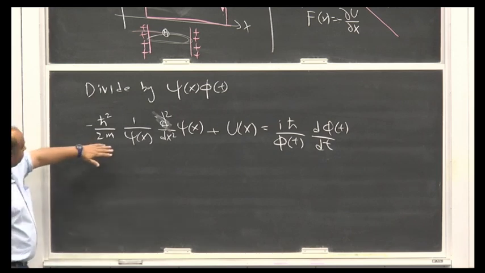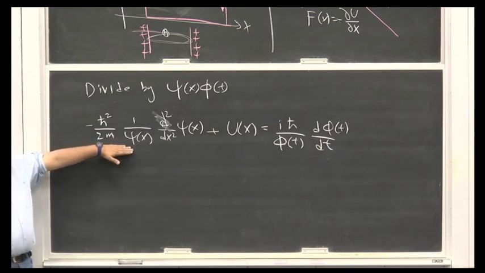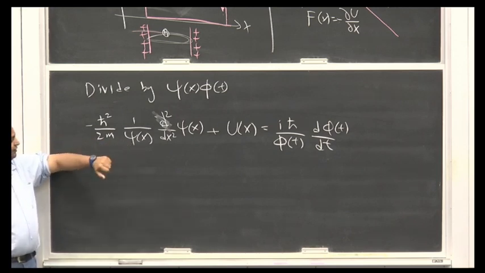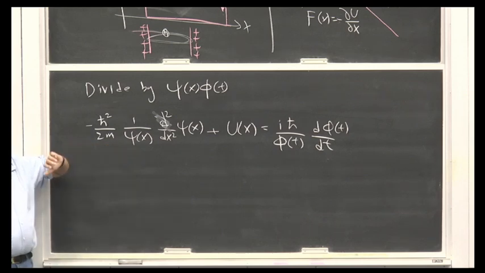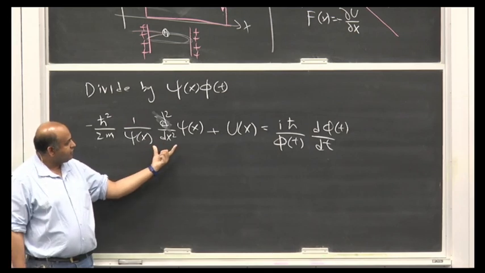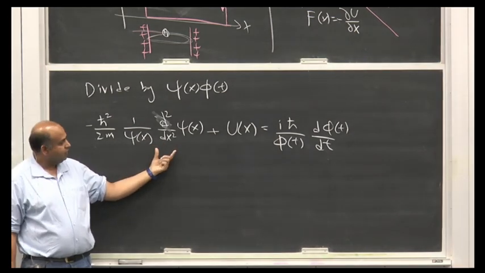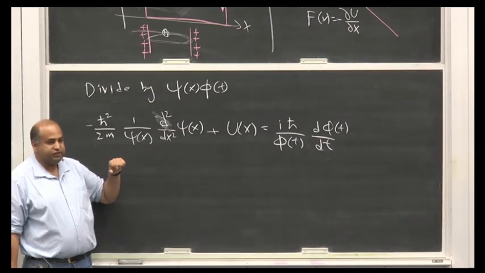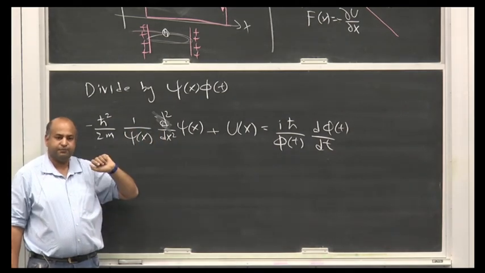Okay, so we have this equation. And we have obtained this equation, but if you look at the left side, we say that everything is a function of x. And on the right side, we say that everything is a function of t.